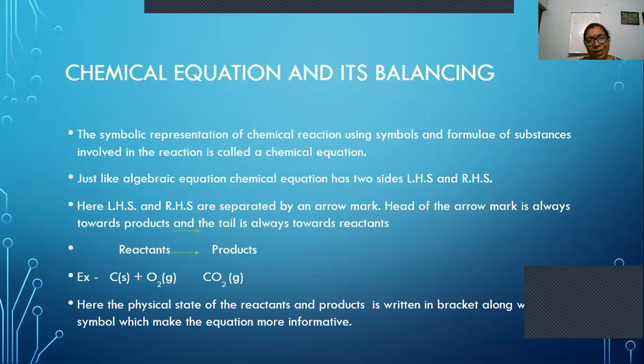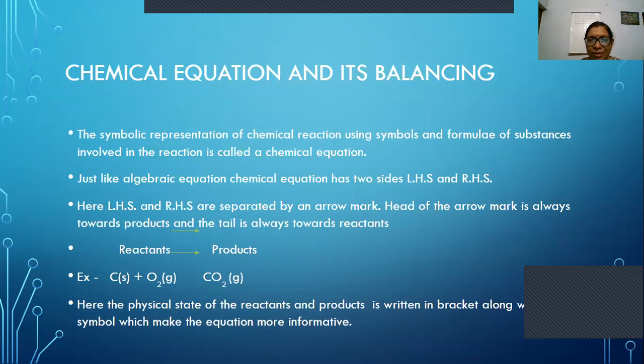Now, next, chemical equation. So what is chemical equation? The symbolic representation of chemical reaction using symbols and formulas of substances involved in the reaction is called a chemical equation. Just like an algebraic equation, a chemical equation has two sides.